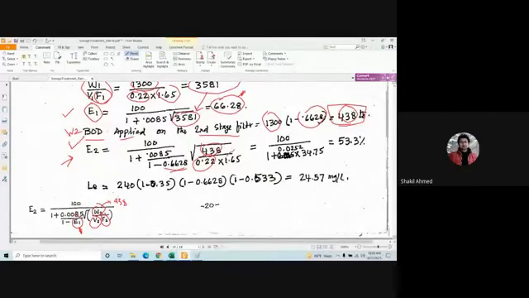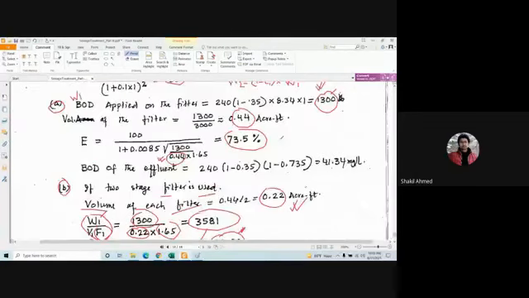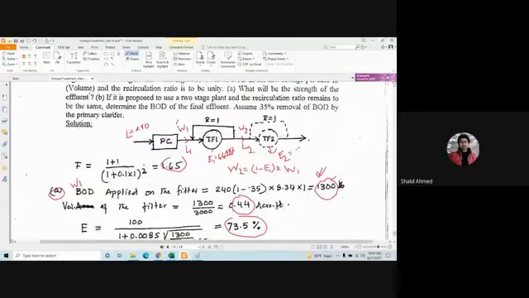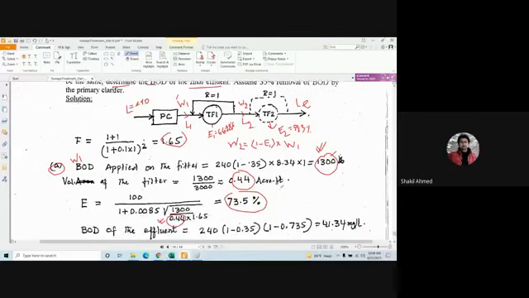Putting 1.65 here, you get E2 equals 53.3%. So you know this now, 53.3%. Now they are asking: determine the BOD of the final effluent. That means LE here. Simple. What is LE?